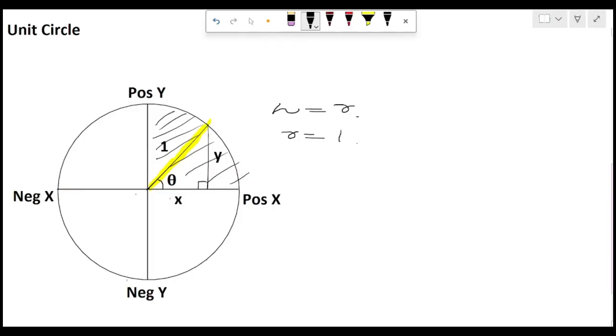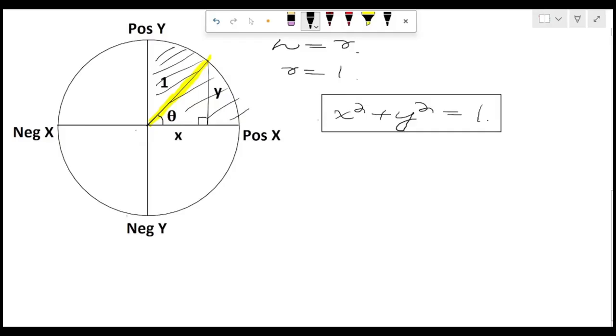So if you look at the base, take the square of the base, add that with the perpendicular of the base, and that will be equal to 1. So we can write x square plus y square is equal to 1. Now I didn't write 1 square because the square of 1 is also equal to 1. So this is the standard equation of the unit circle.